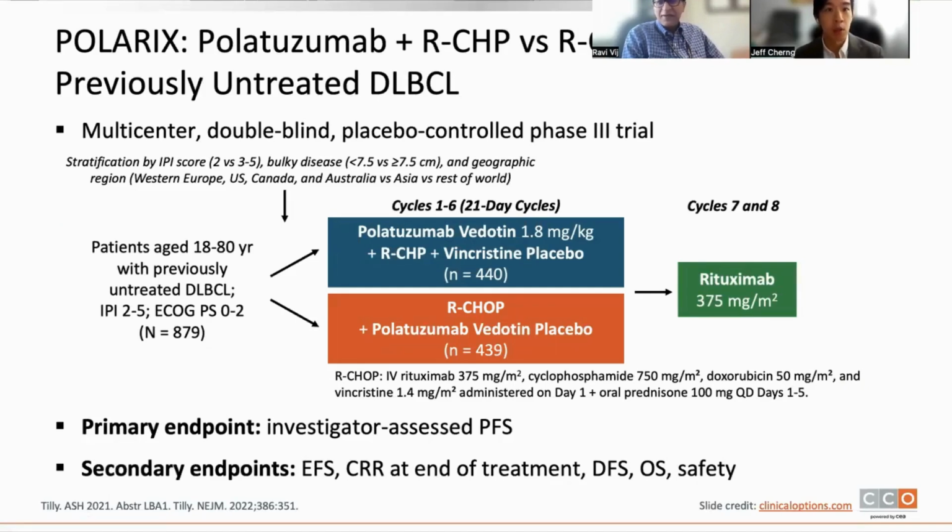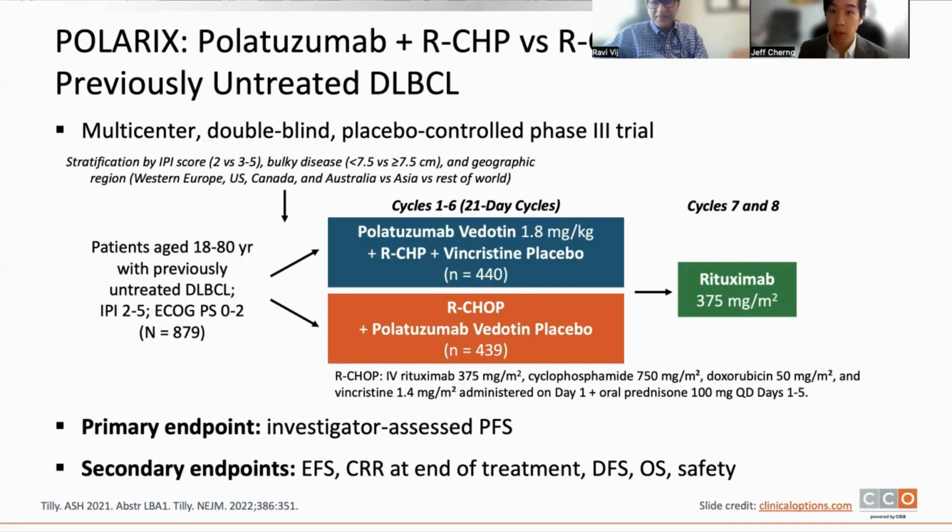Yes, of course. So it's a very exciting, hotly anticipated study that was an international placebo-controlled, double-blind study that enrolled patients with an intermediate or high-risk international prognostic index. So it did not enroll patients with an IPI of 0 to 1.